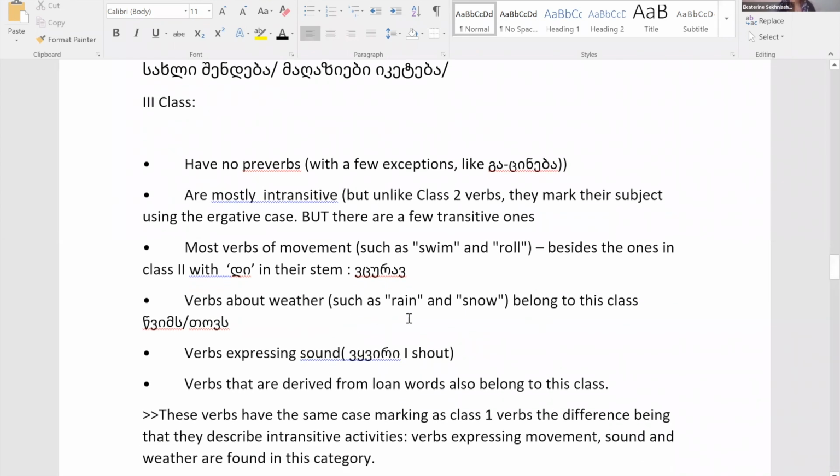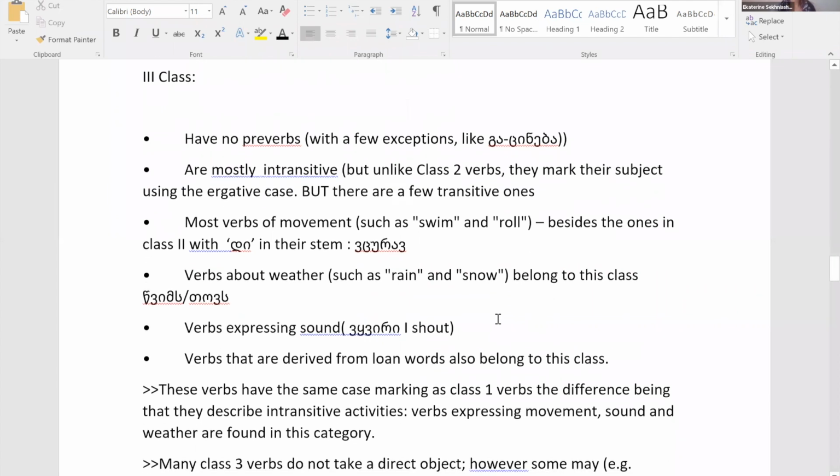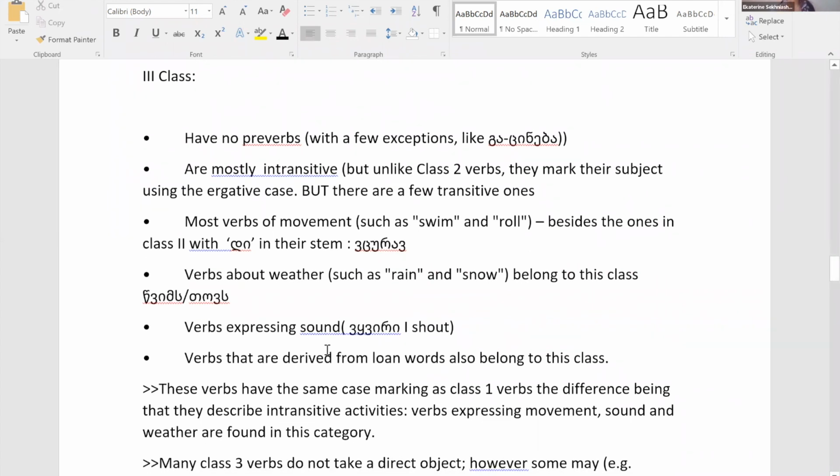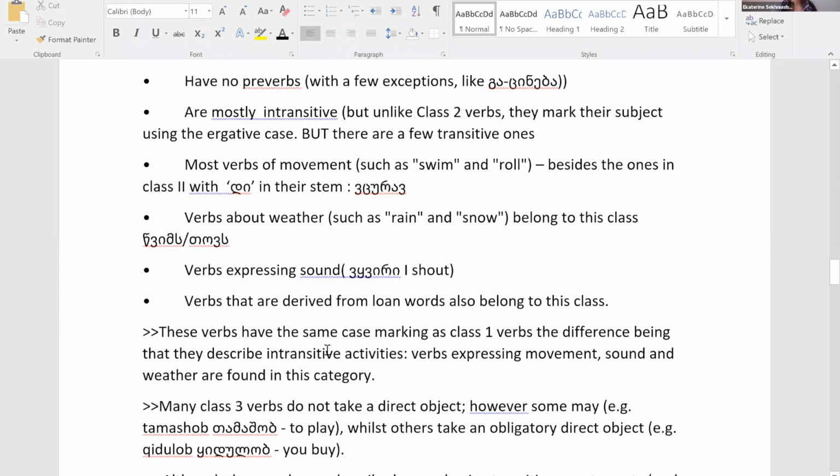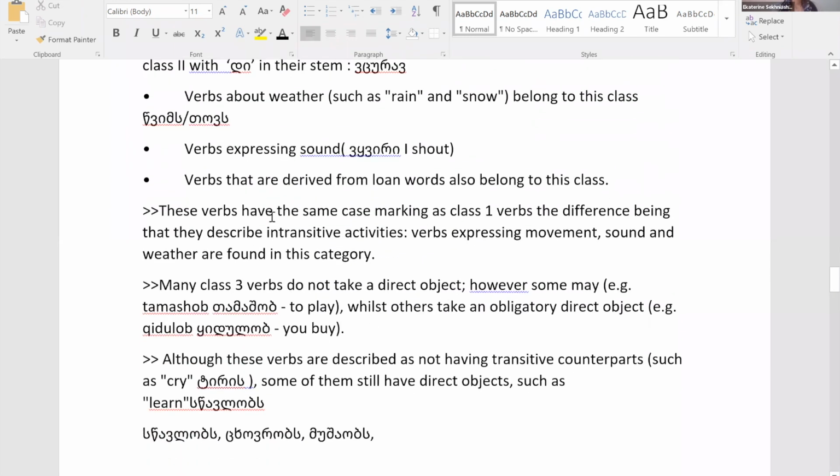Verbs about weather, such as it rains, it snows. Verbs expressing sound: I shout, I sing. Verbs derived from loan words are also in this class. They're pretty much similar to the first class, but by nature they're passive.